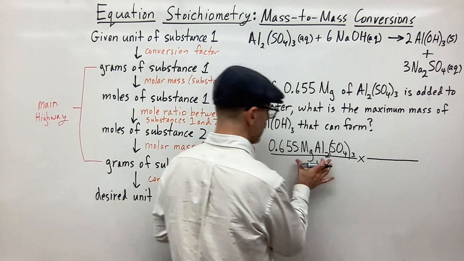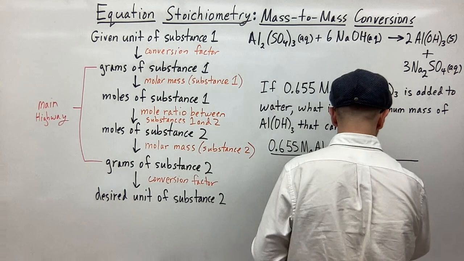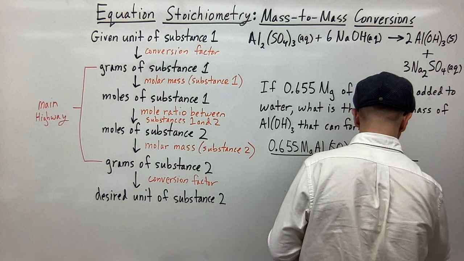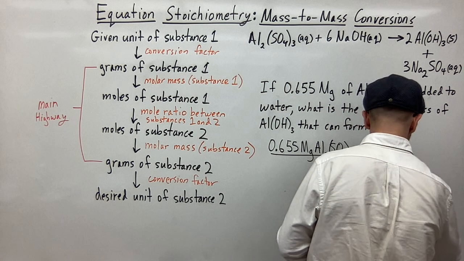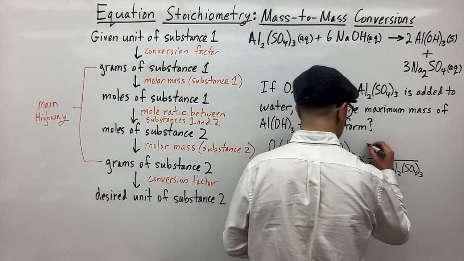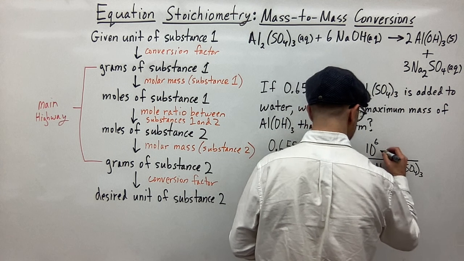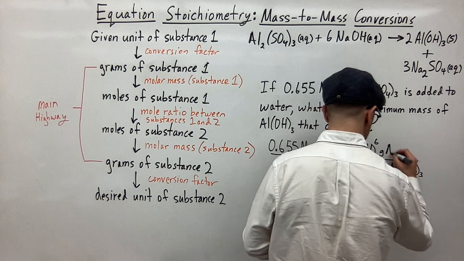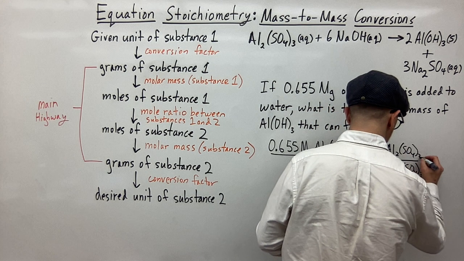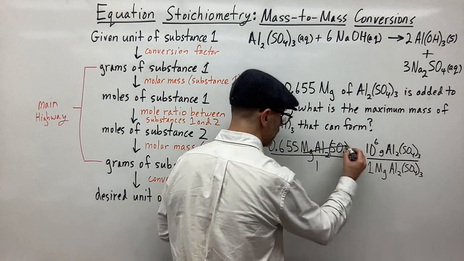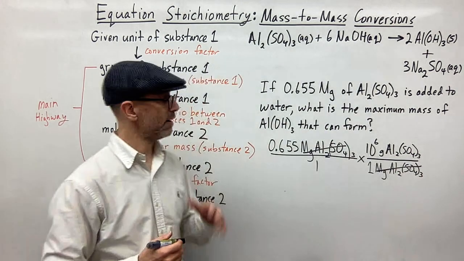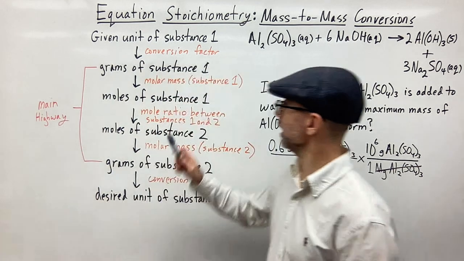Since I have megagrams here, I'm going to put 1 megagram of Al2(SO4)3 on the bottom and 10 to the 6 grams of Al2(SO4)3 on top. So megagrams of this substance cancels out. Now I have grams. Now I'm on the main highway.